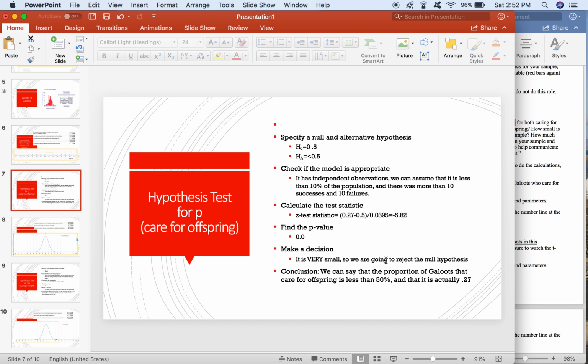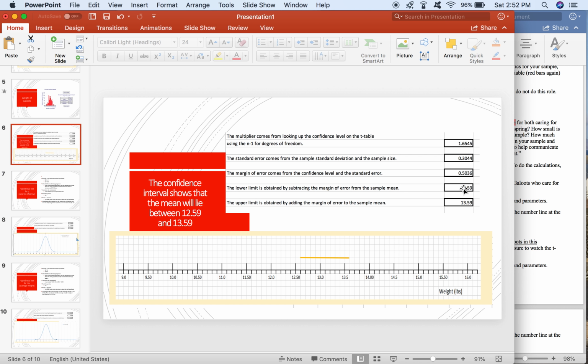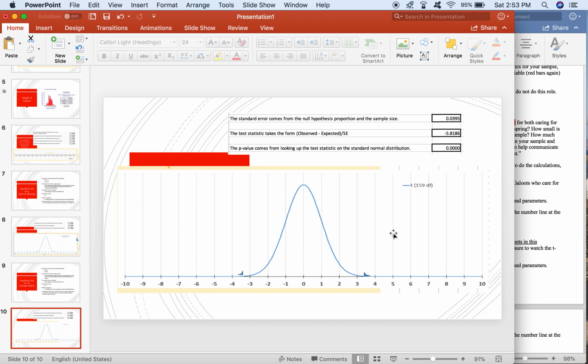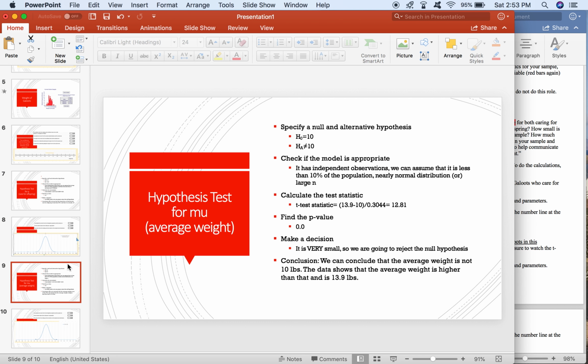Then we find the p-value, and I calculated it, and as you can see from my data, it was like 0.00000003 or something, and you can see that it's 0 here. I made the decision that since the p-value is so small, we're going to reject the null hypothesis.